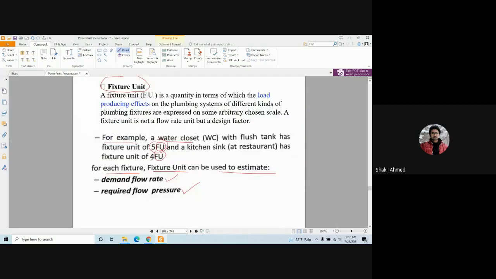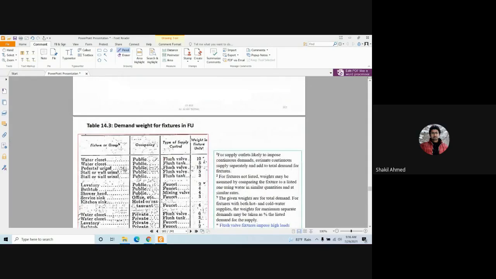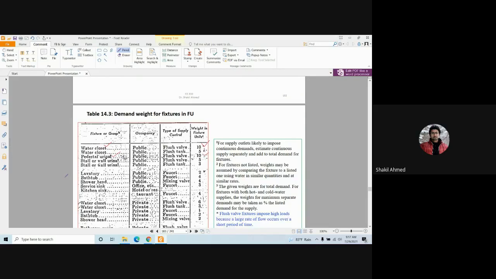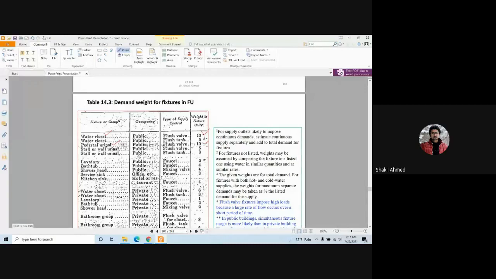According to this fixture unit, you can express their demand. For example, water closet requires how many fixture units? 10. Urinals, how many fixture units? Again 10. Then kitchen sink or service sink, how many? 3.